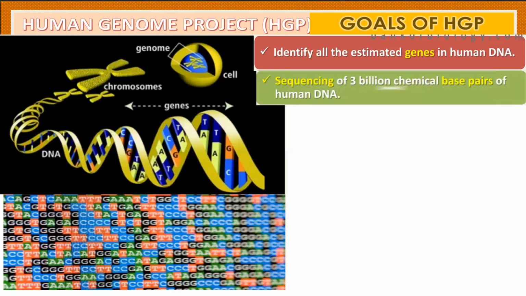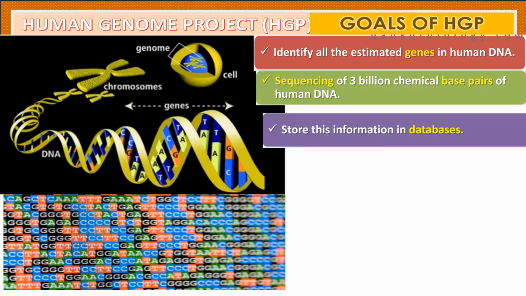Second point is to sequence the 3 billion chemical base pairs of the human genome. First to find what the genes are, but to find genes first we have to sequence. Sequencing means to check the ATG, the lettering, the codons.